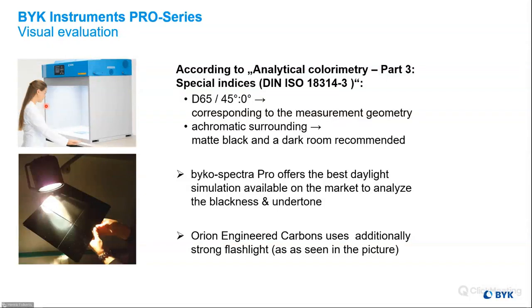And now the sample is evaluated under 45 degrees here. By the way, it also works the other way around, so 0:45 is also allowed. And in addition, a neutral surrounding is necessary. So in a light booth, we have a neutral gray surrounding. And the standard even recommends a dark room.